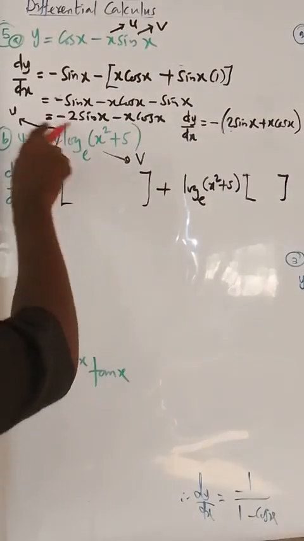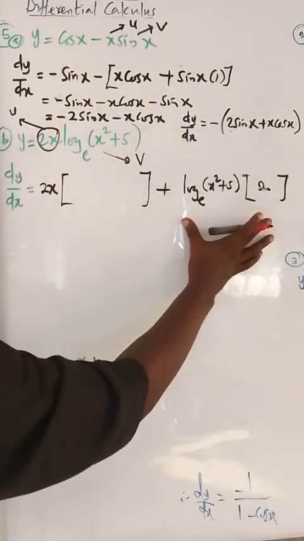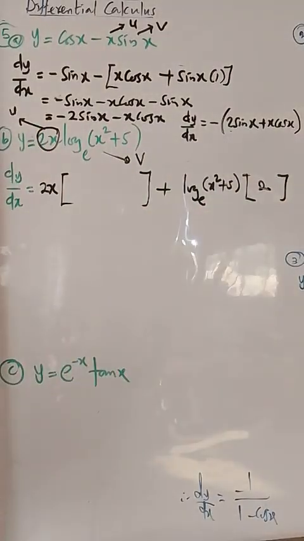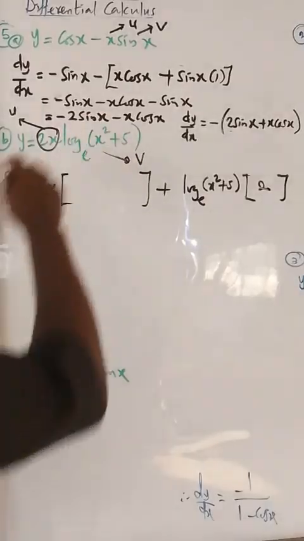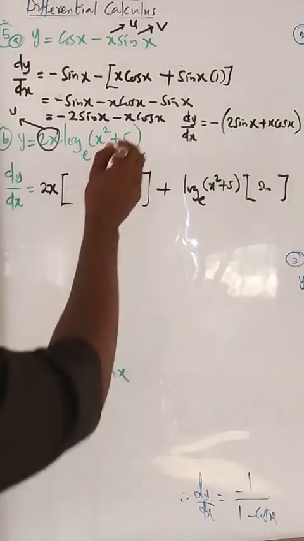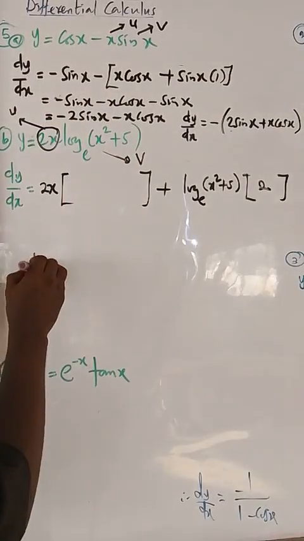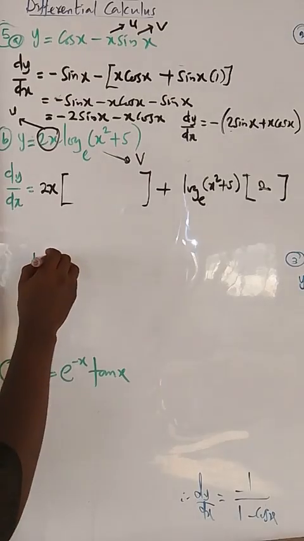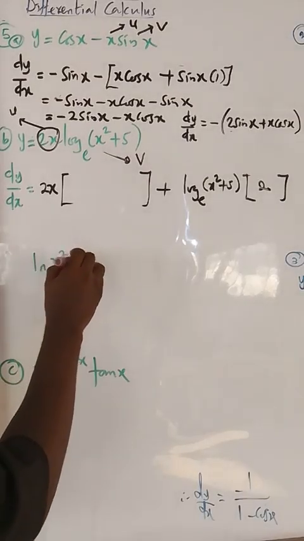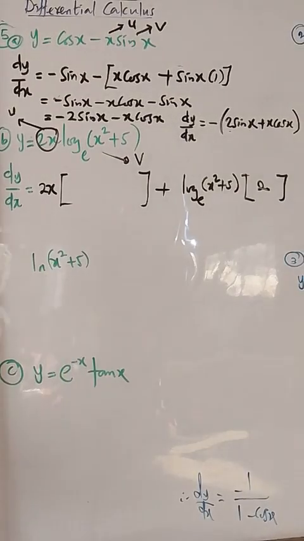The first is 2x, so differentiating 2x gives 2. So this part is done. The difficult part is this: how can we differentiate this? So note that we can write this one as ln of x squared plus 5.